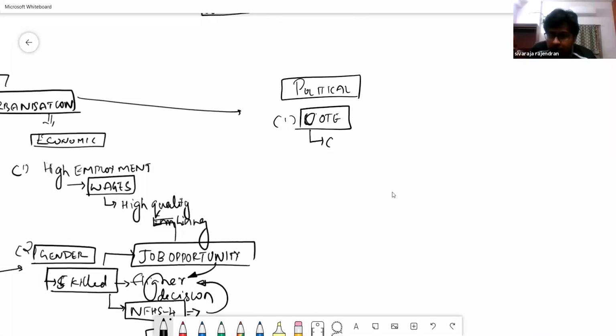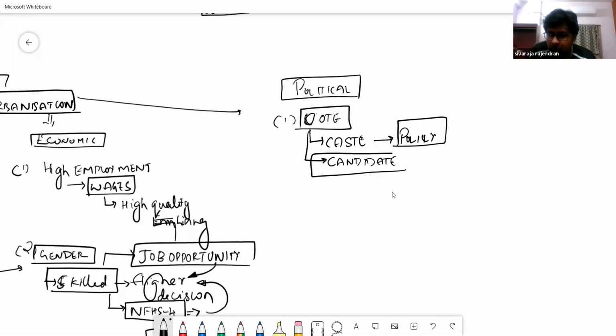In rural areas it is mostly based on caste, but here it becomes based on policy, voting and candidate selection. I think in caste topic we saw that dominant caste will have a higher representation, but in rural area it is true, but in urban area mostly caste becomes irrelevant and policy becomes important, correct?